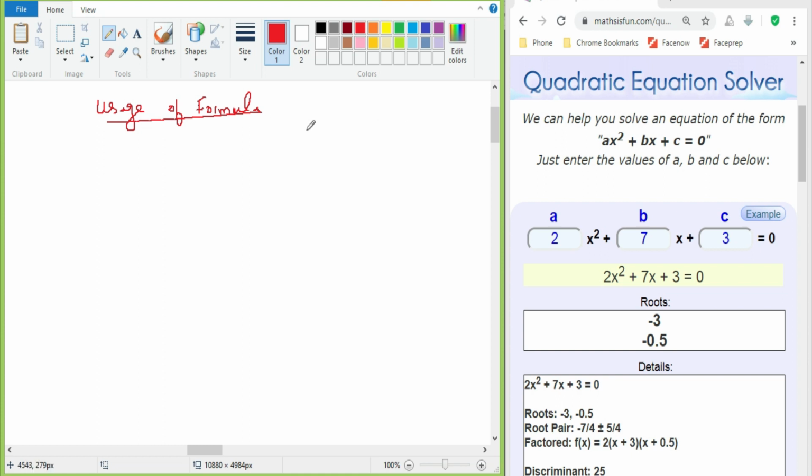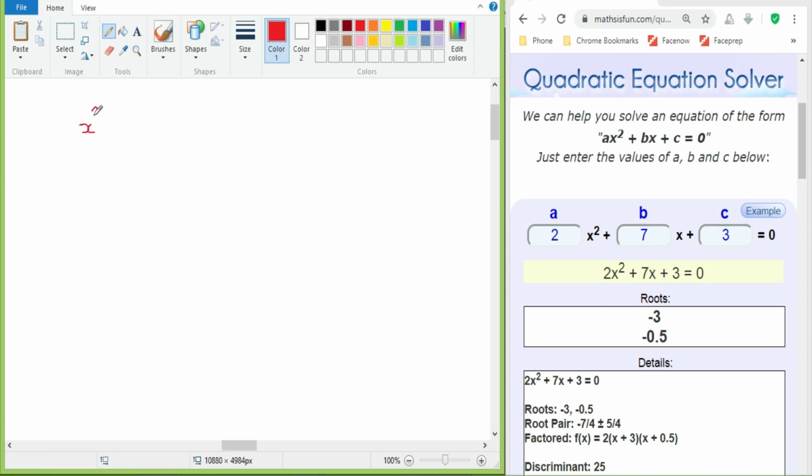Okay. So if I'm talking about x is equal to minus b plus or minus root of b square minus 4ac divided by 2a, I'll give you the first question. x square plus 10x minus 7 is equal to 0.